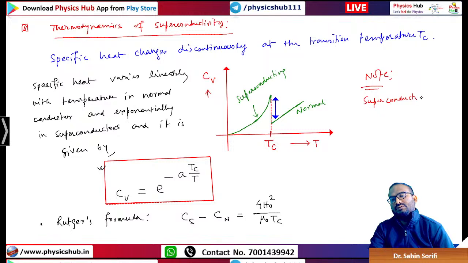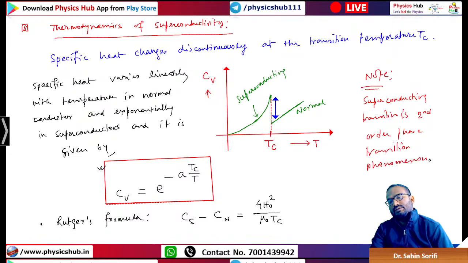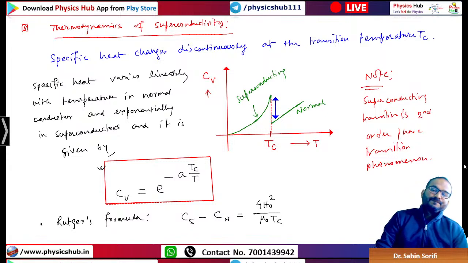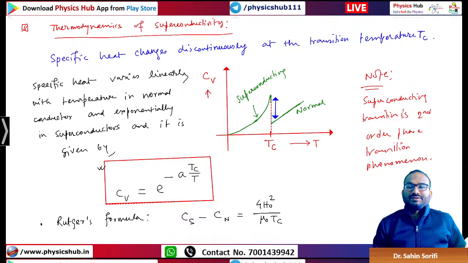The normal to superconducting transition is a second order phase transition.